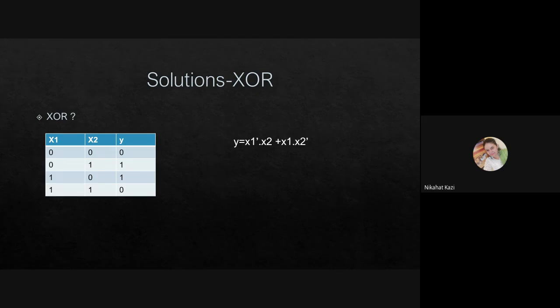A single McCulloch-Pitts neuron is not able to solve the XOR problem. But later on, it was observed that you can actually solve this problem using a network of neurons rather than a single neuron, because with a single neuron it is not possible. You try any combination.